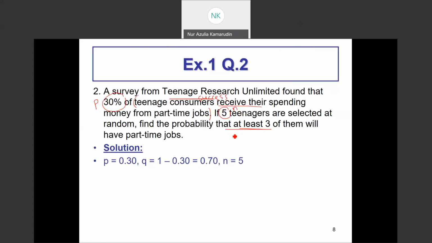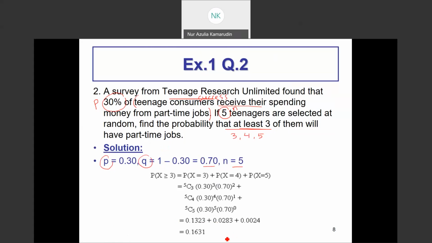At least means you're going to have 3 to 5. So identify your P, of course, already given. Find your Q, of course, 1 minus your P, so that is 0.7, and of course your N is 5. So you substitute accordingly, you should get this.